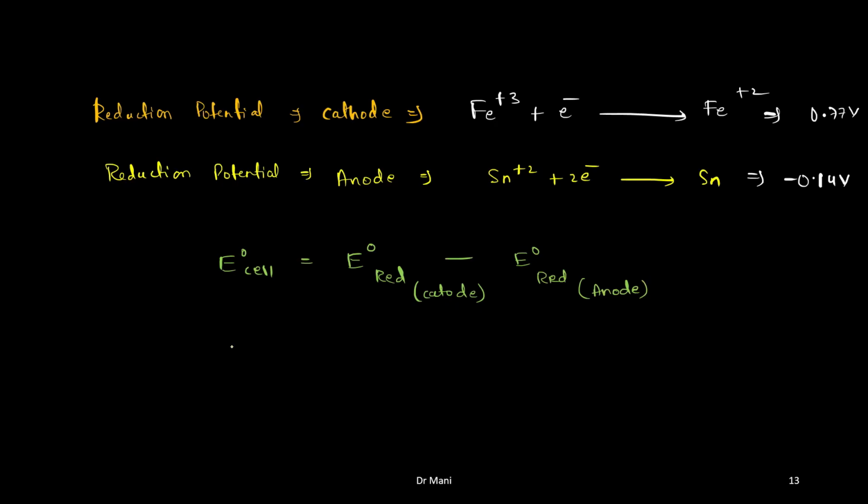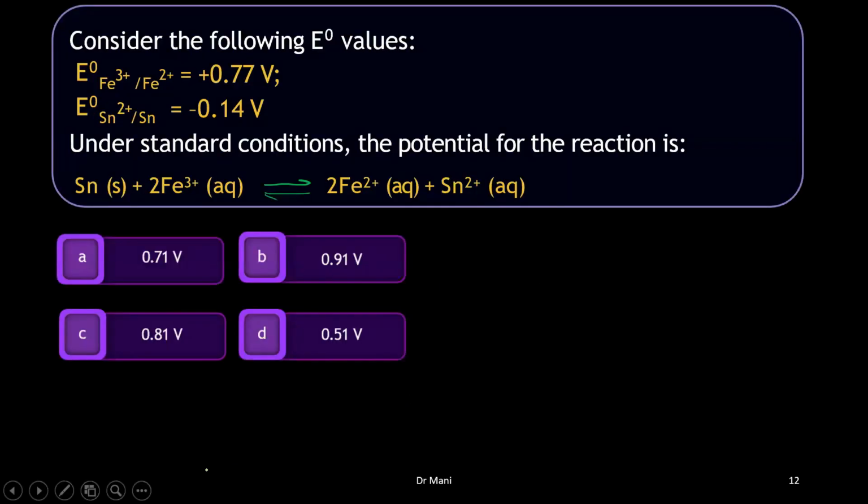So this will be how much? 0.77 minus 0.14. That would be 0.91 volts. So what's the answer? Option B. Is this clear? Any doubts?